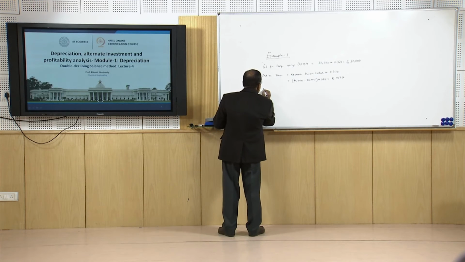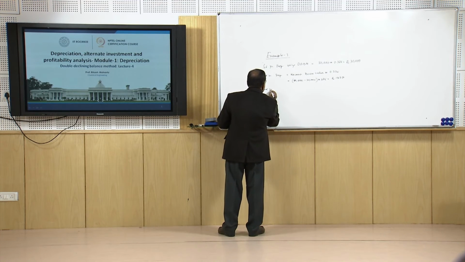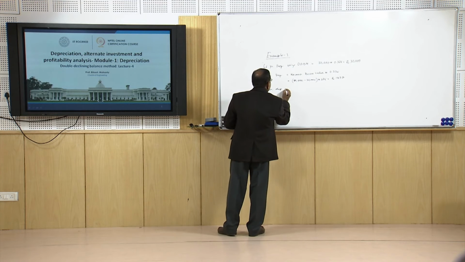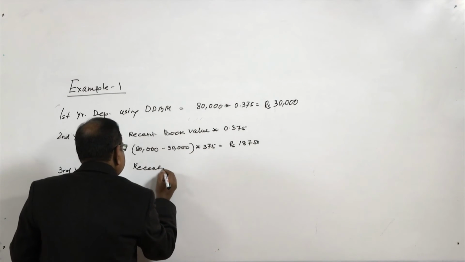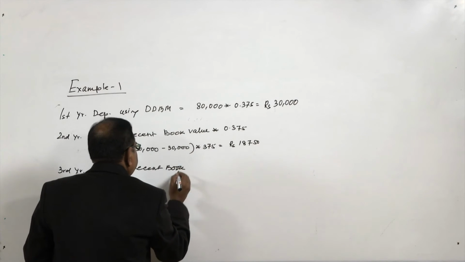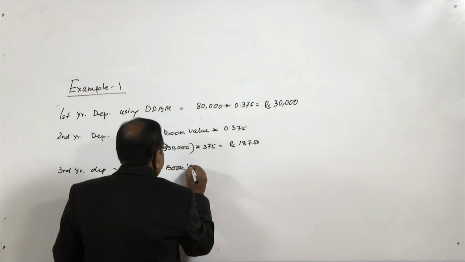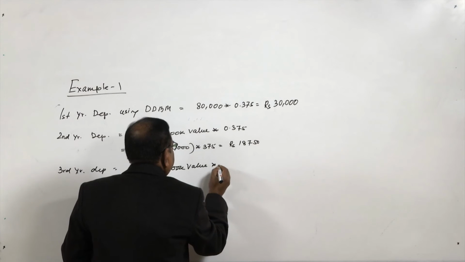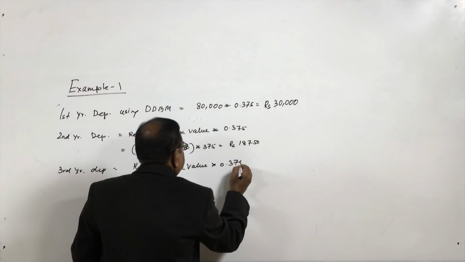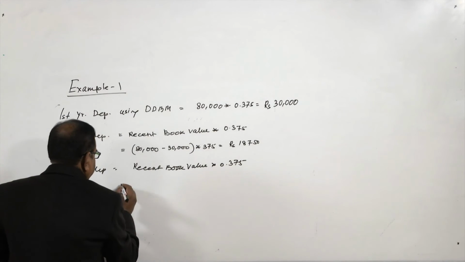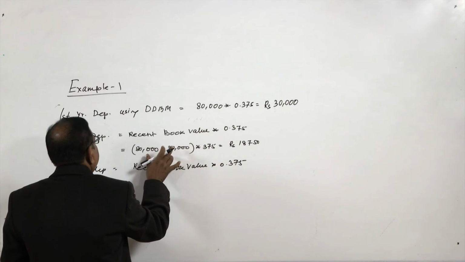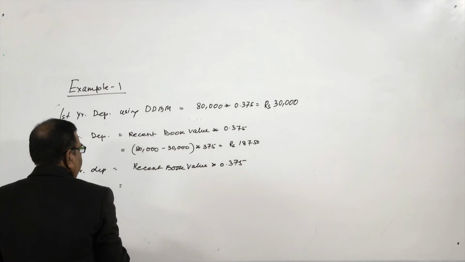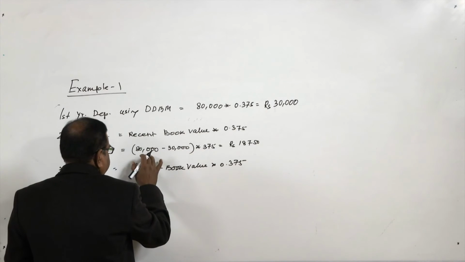Now, for third year the depreciation will be recent book value into 0.375, and in this case the recent book value will be, this was the book value at the end of the first year, at the start of the second year.